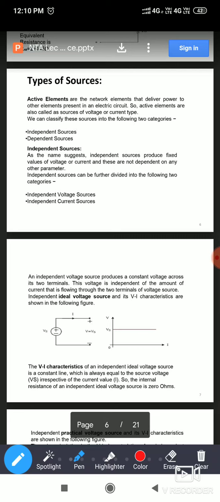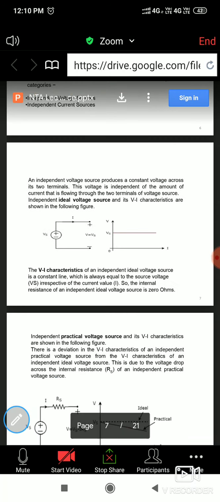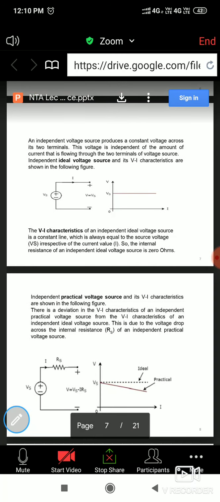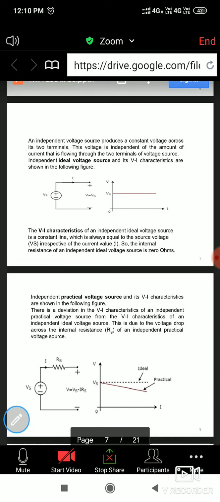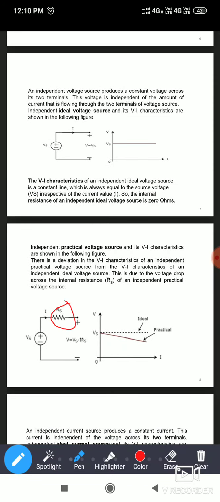After that we have seen the difference between practical voltage source and ideal voltage source. In a practical voltage source, some voltage will drop across the resistor Rs. Each practical voltage source has its own internal resistance, denoted by Rs.